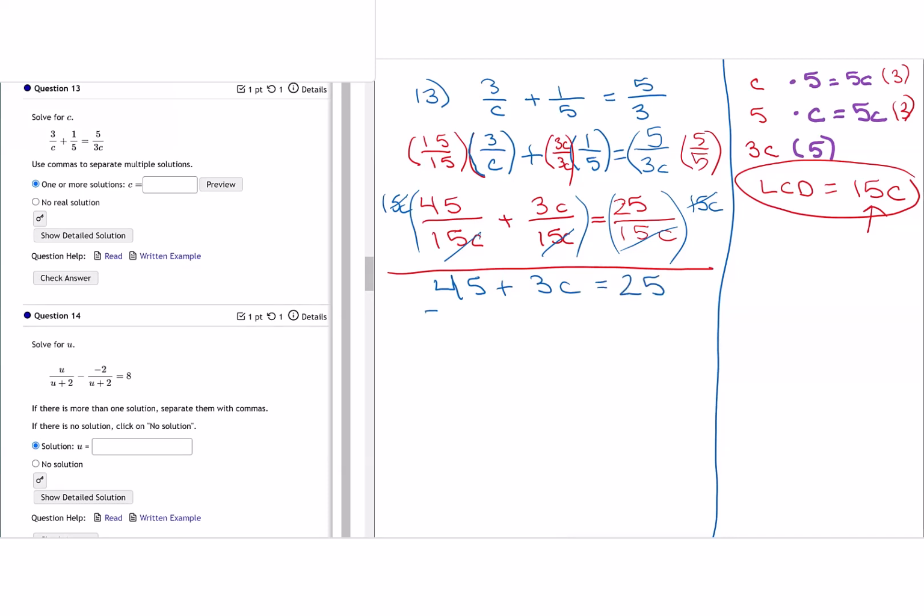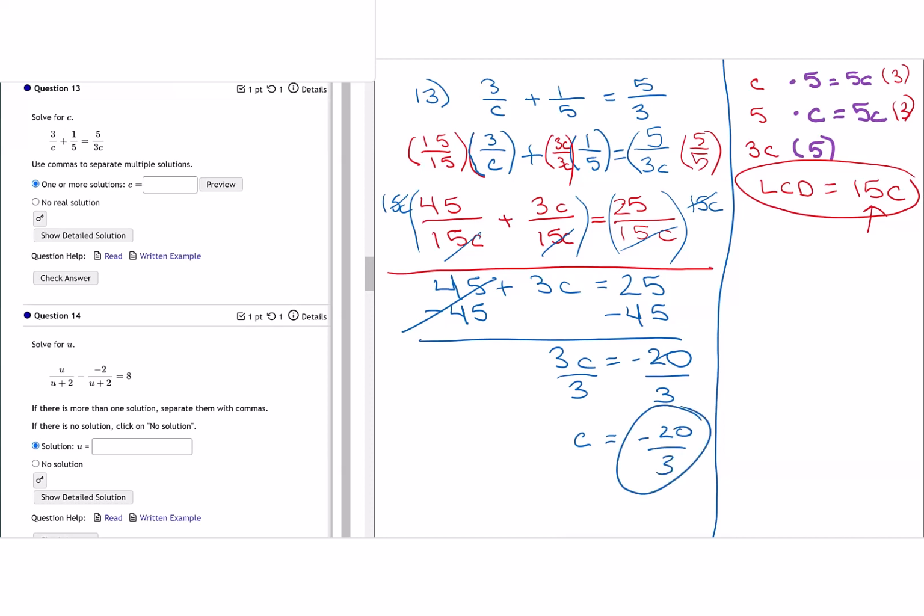I can subtract 45 from both sides. I get 3c equals negative 20. Divide both sides by 3. And I get c equals negative 20 divided by 3. That's a little bit longer than it needs to be. I'm going to show you a shorter way.